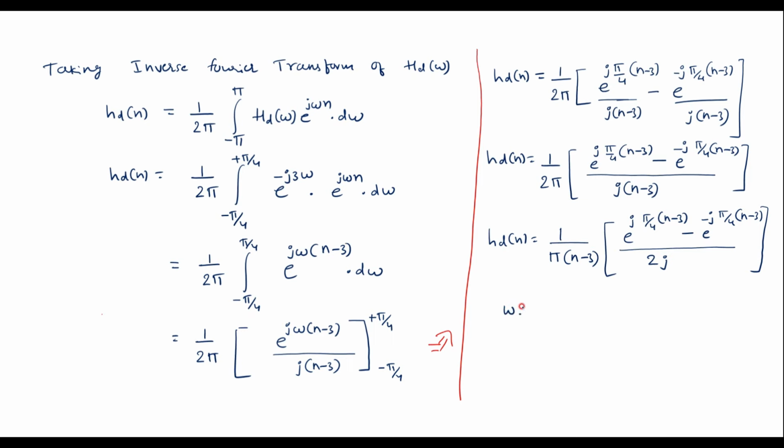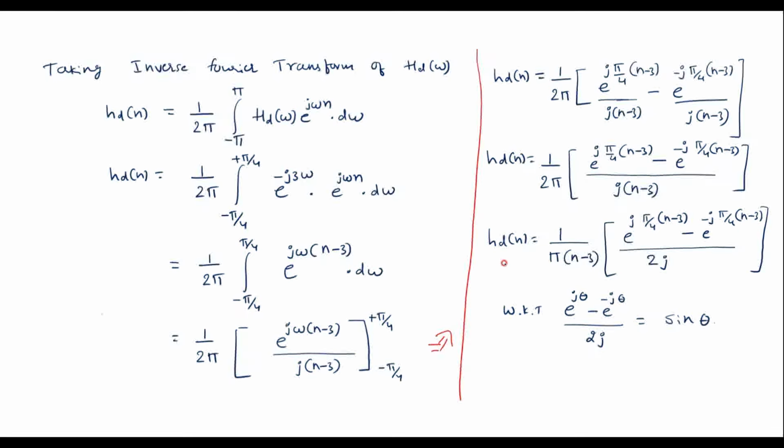We know that e power j theta minus e power minus j theta divided by 2j is equal to sine theta. So here comparing this expression with this, we can say that theta is nothing but pi by 4 into n minus 3.